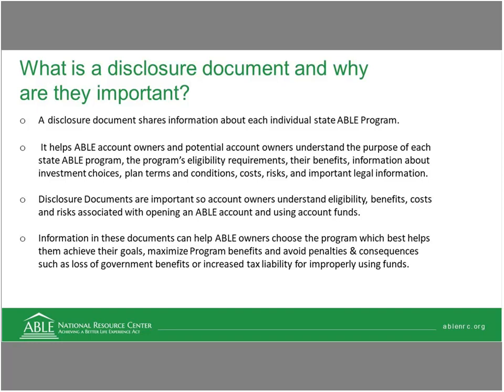Additionally, these documents help ABLE account owners and potential account owners understand the purpose of each state ABLE program, the program's eligibility requirements, benefits, information about investment choices, plan terms and conditions, costs, risks, and other important legal information, all of which are outlined in this document.